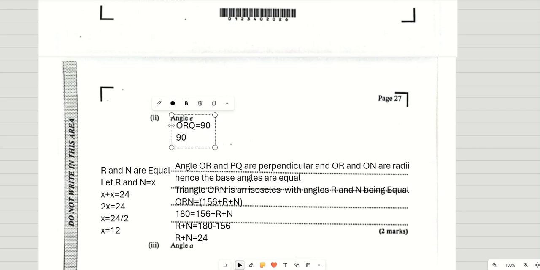So 90 is equal to 12 plus E. So E would be equal to 90 minus 12. So E is equal to 78. That is how you would get your answer for this question here.